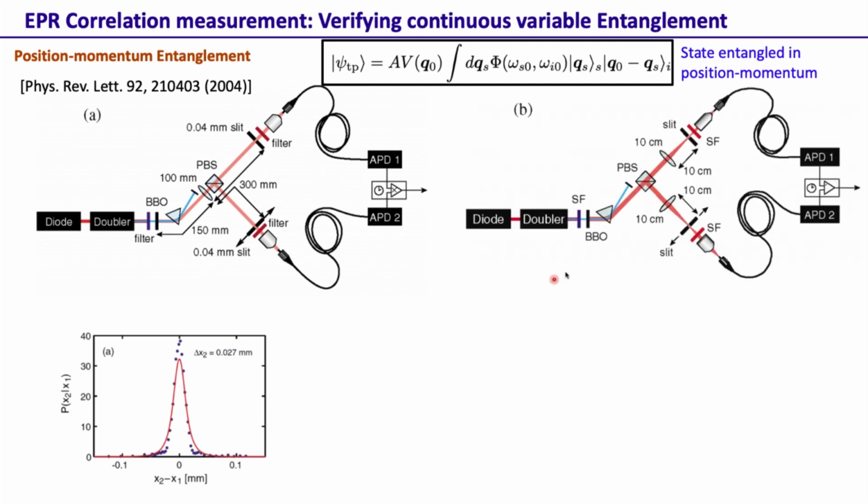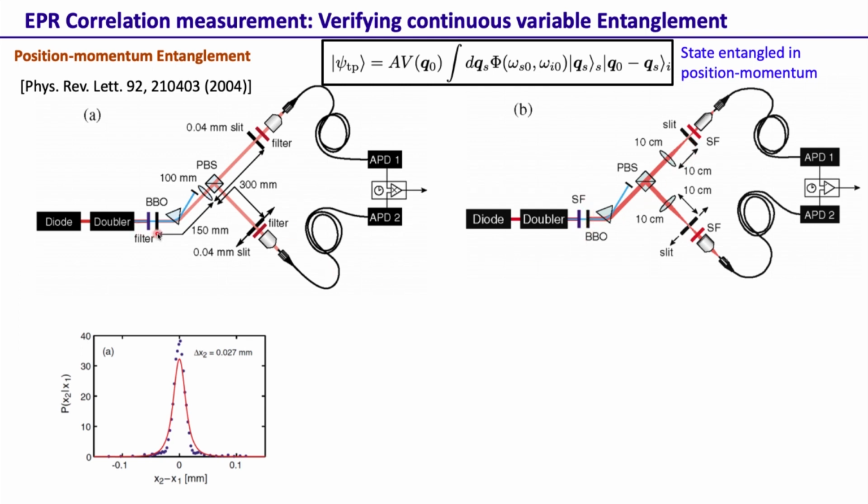Similarly, in this experiment itself, we can also measure the momentum correlation, and again we want to measure it right at the output face of the crystal. So for momentum measurement, we go to the far field of this plane. We have seen this in Young's double slit experiment as well: the far field is essentially the momentum distribution of whatever is the wave function here.